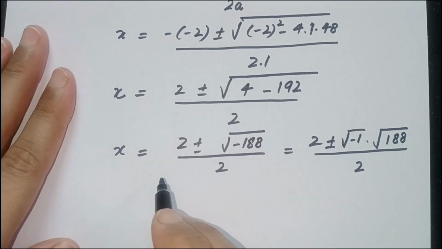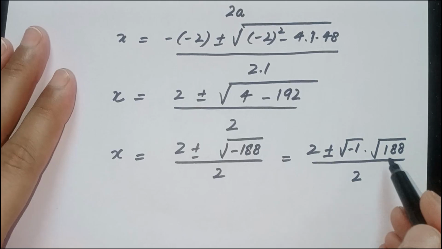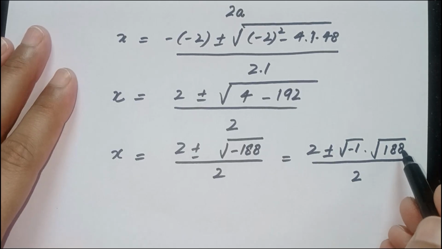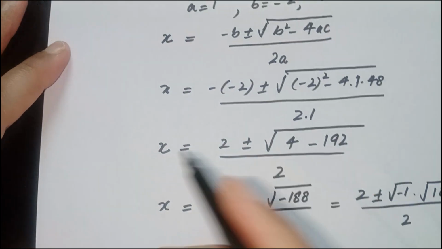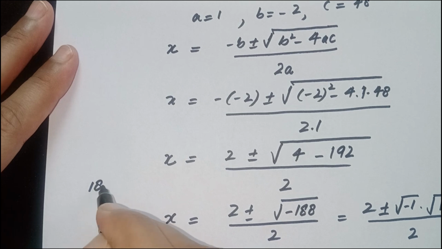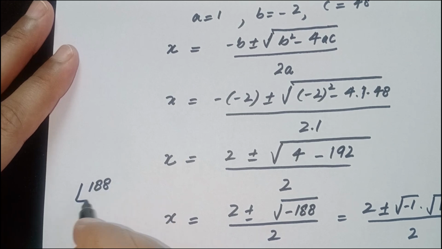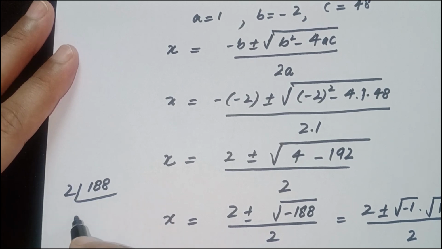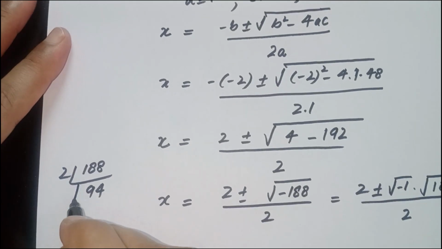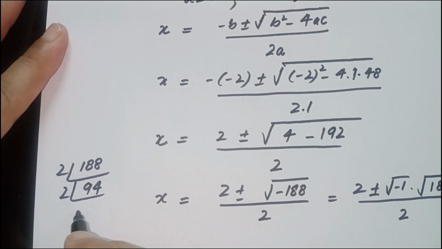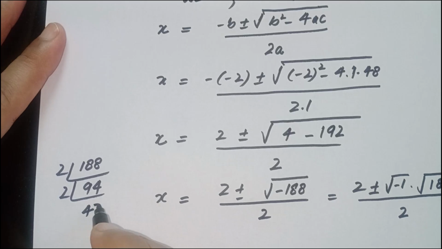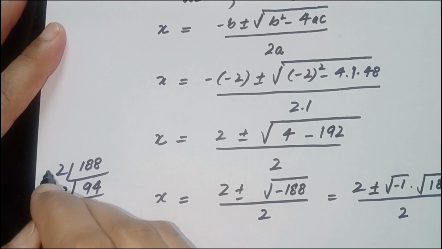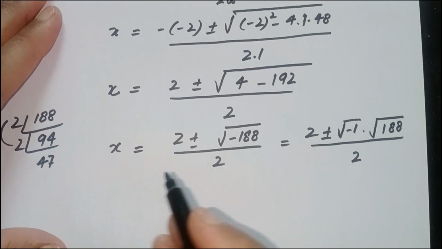So x is equal to, in the next step, now we want to evaluate this 188. So 188 divided by 2 will give 94, and 94 divided by 2 gives 47. So 2 multiplied by 2 gives 4.